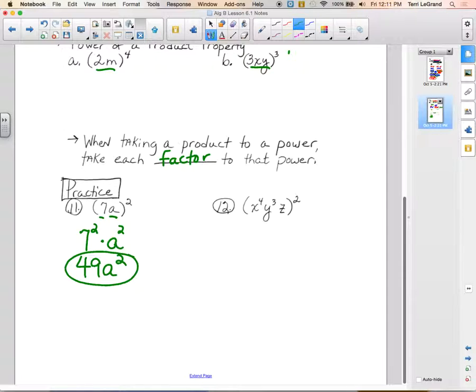Okay, so now let's do this next one. We have x to the 4th. That's a power, isn't it? X to the 4th is a power. So we're going to have to put that in parentheses because it's got to get its own power of 2. And then we have y to the 3rd.